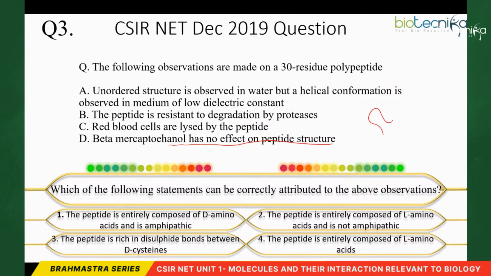We know that some protein parts are stabilized by disulfide linkages, and disulfide linkages can be broken by the effect of beta mercaptoethanol, which is a reducing agent.